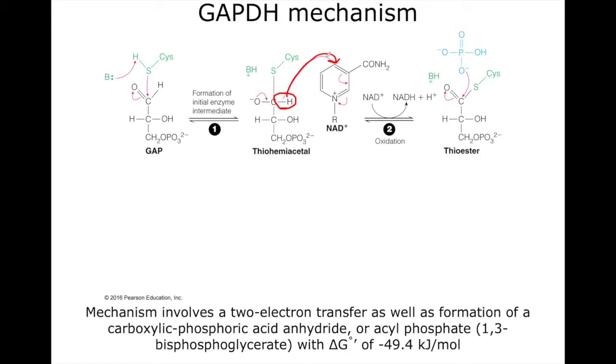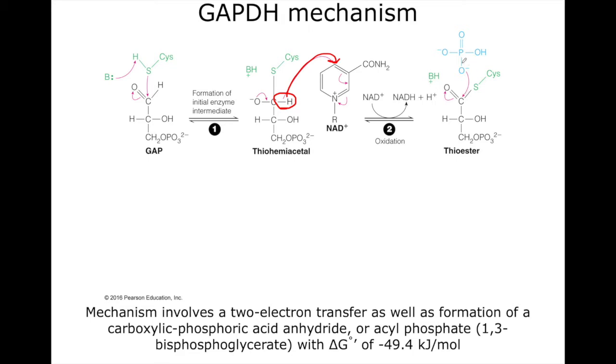Now this step right here, where we reduce the NAD+, you can see, remember, we pull off that hydride and reduce the NAD+, that is very exergonic. Okay, that's a very exergonic reaction. And this part right here where the phosphate joins on, that's fairly endergonic. So essentially we're coupling these two reactions, an exergonic and an endergonic reaction.